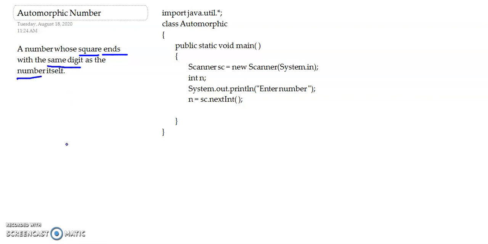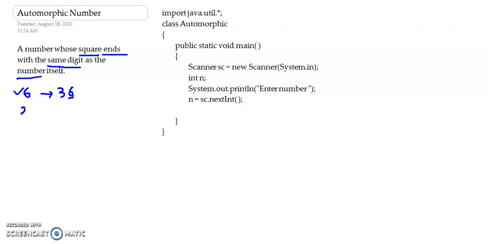So that means if you enter a number as 6, then its square is how much? 36. So 36 ends with 6, that means the number itself. So 6 is an automorphic number.